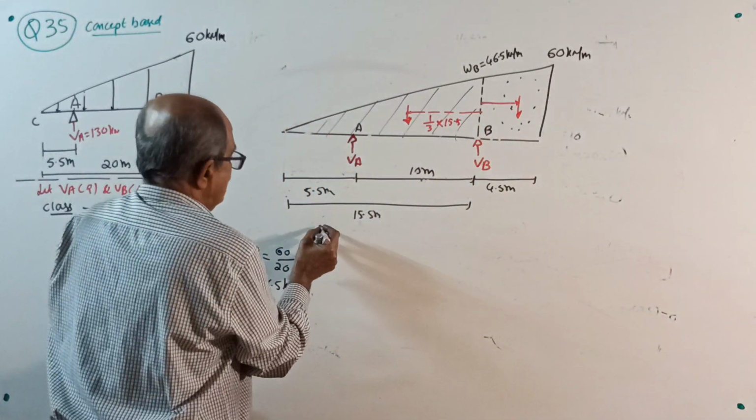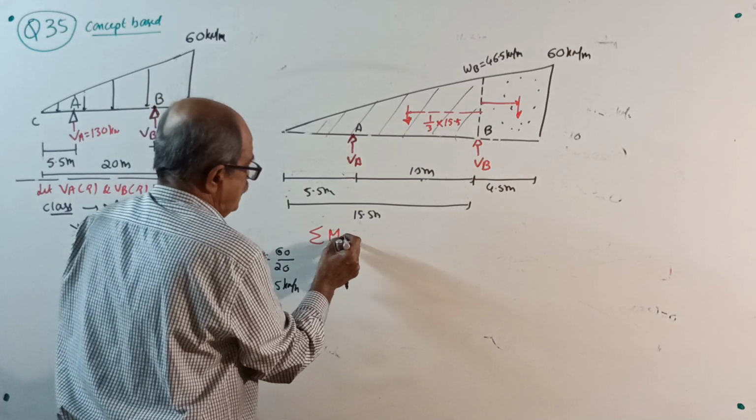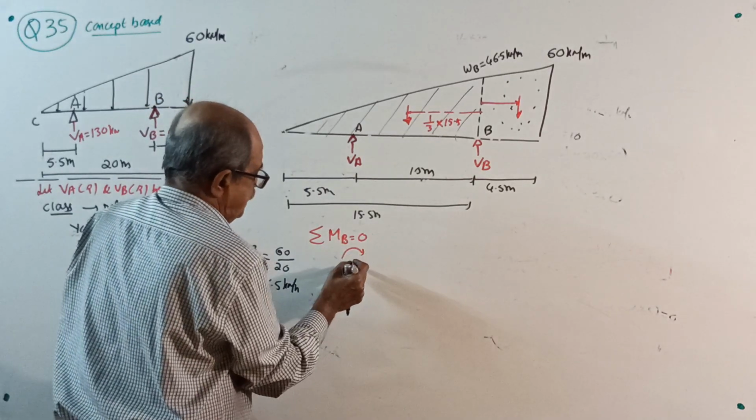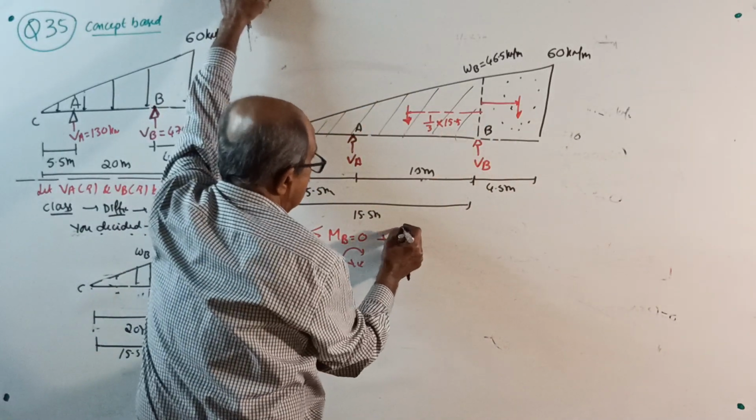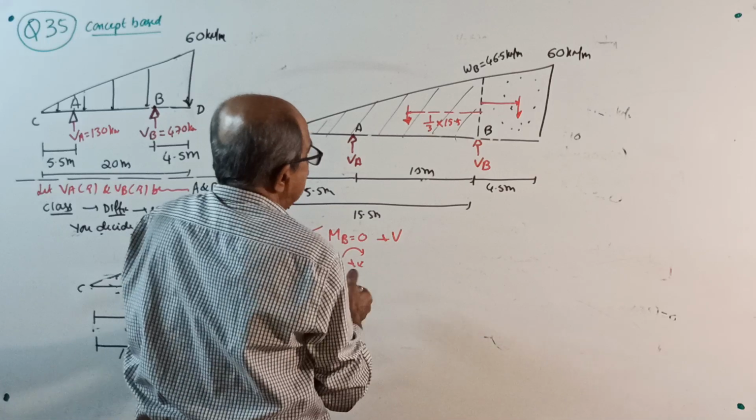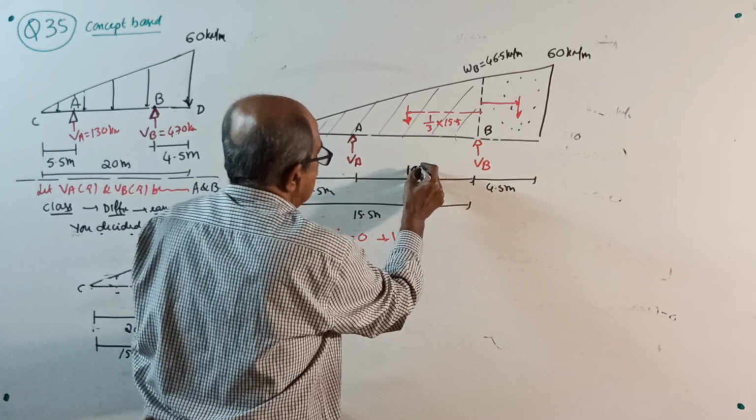Okay, start. Sigma M about B equal to 0. Take clockwise positive. Moment about B: plus VA into 10. The 10 meter is not visible properly, I change it.